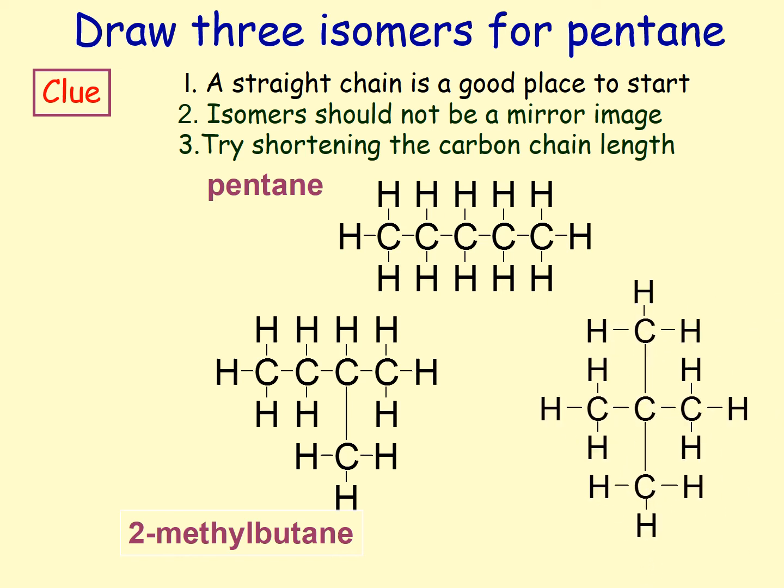And the final isomer would be to add 2 branches, and this way we've got a sort of cross shape, and this is 2,2-dimethylpropane. In the next video, we'll go into much more detail about how we name these. But for now, we need to know how isomers look, how they've got the same chemical formula, but different structural formula.